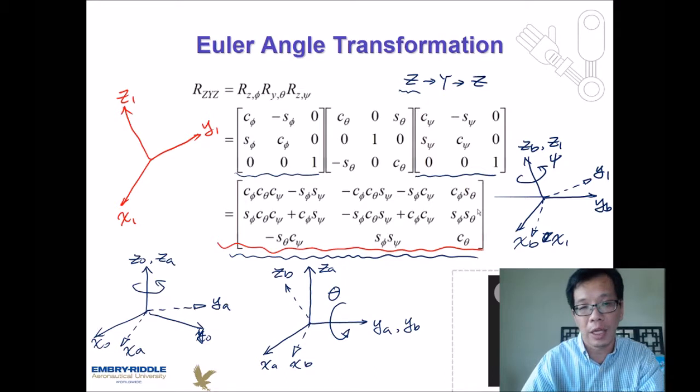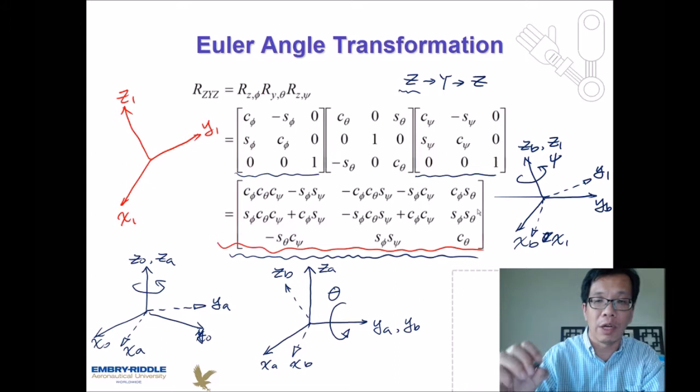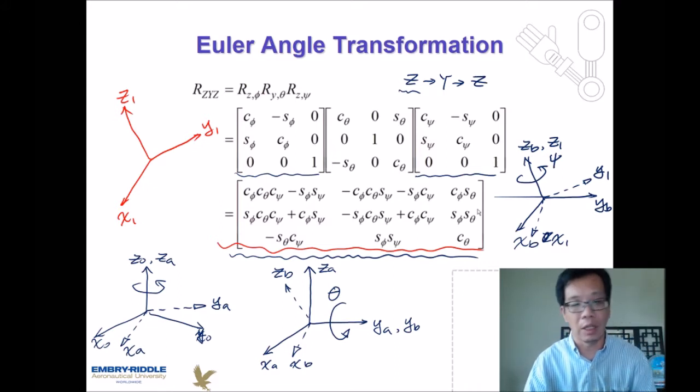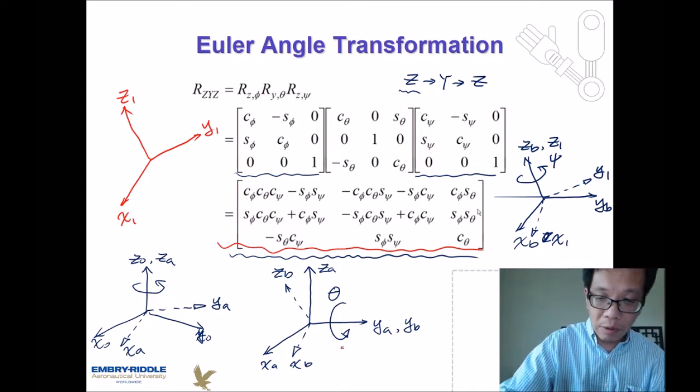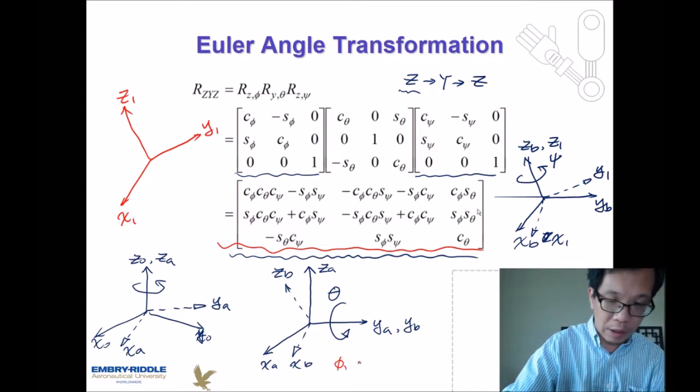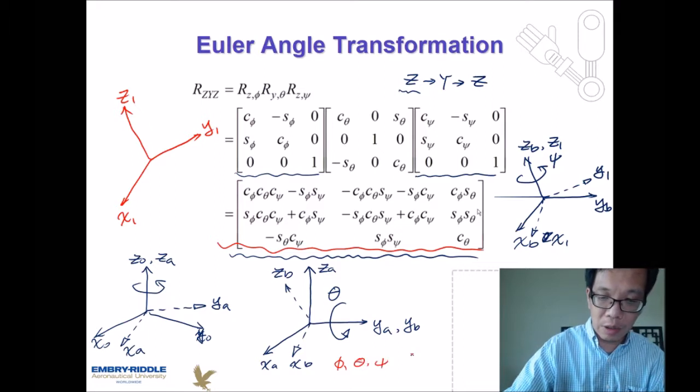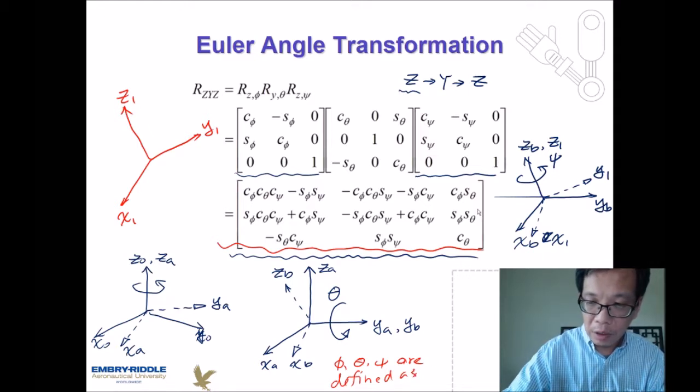Pretty straightforward, and this is something we're going to use when we are defining Euler angles: phi, theta, and the other angle are what we define as our Euler angles.